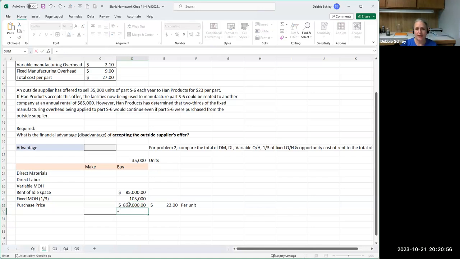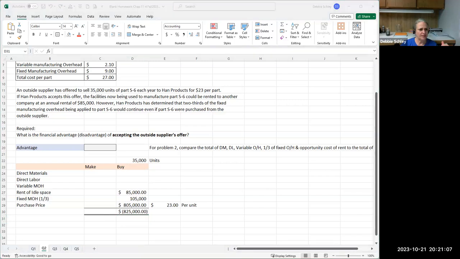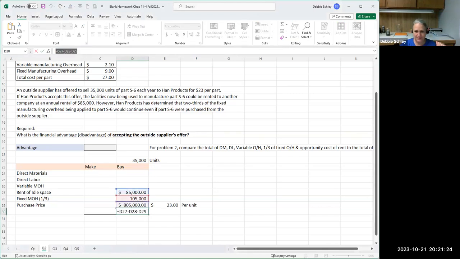So we're going to take the 85,000 minus the 105,000 minus the purchase price. What? Look right. I did it backwards. Okay, let's try that again. So ignore what I just told you. This is going to be equal to.